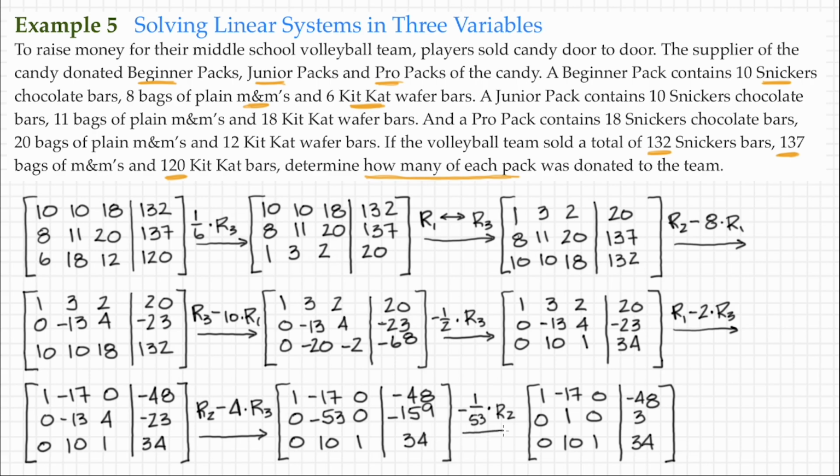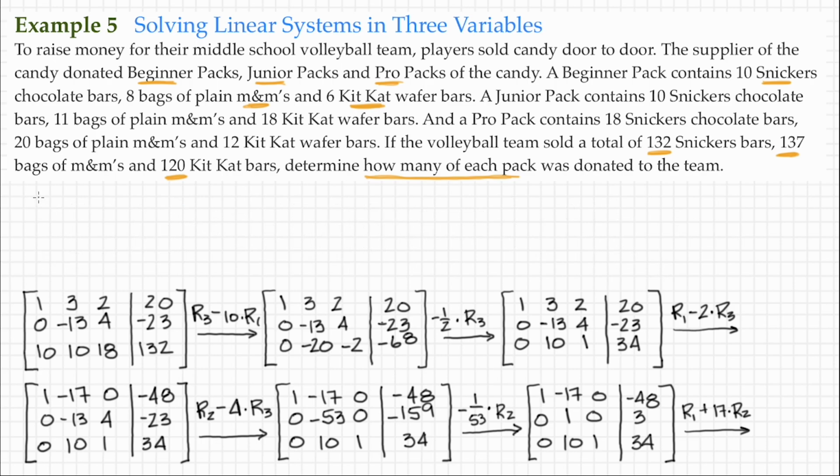Let's put in our transition here. So now we can maybe target this value here. So we'll take row 1 and we'll add 17 of row 2. And as I put in my transition here, we'll continue that up here in the upper left corner. So this winds up being 1.